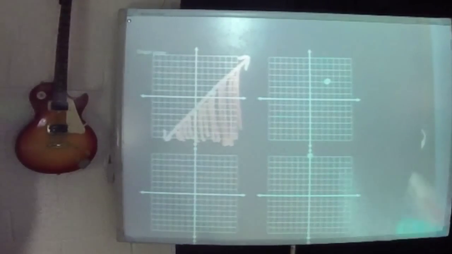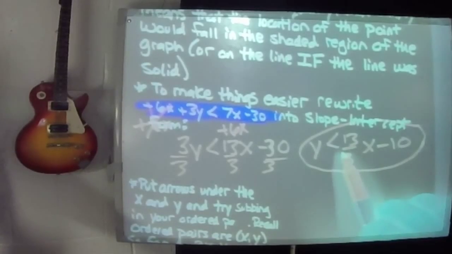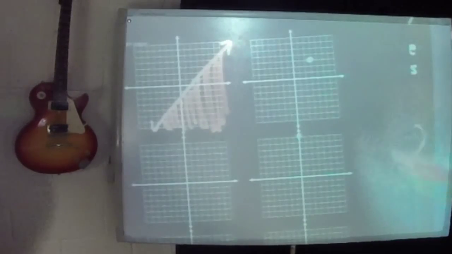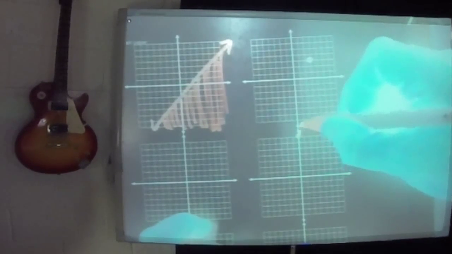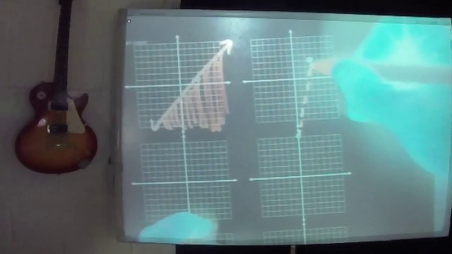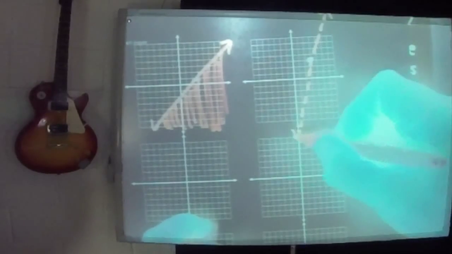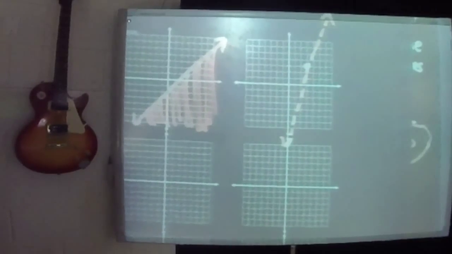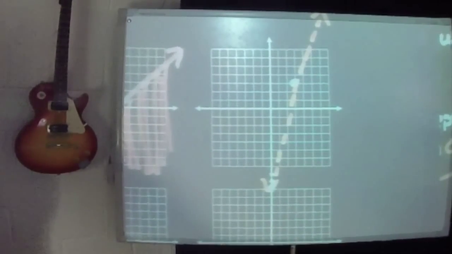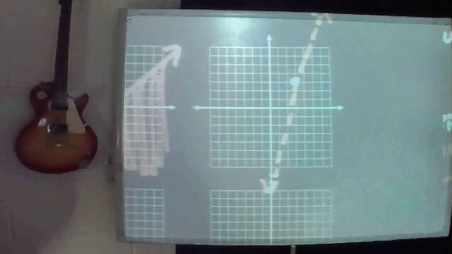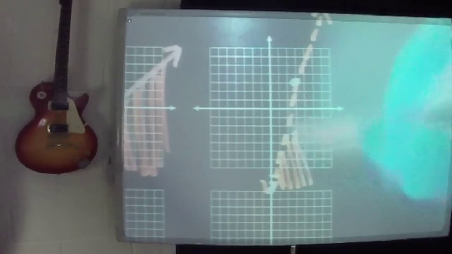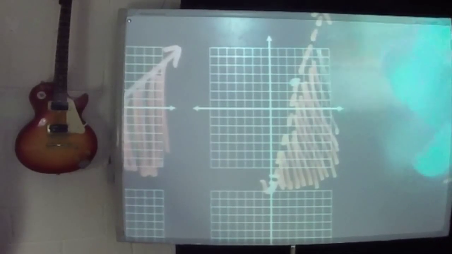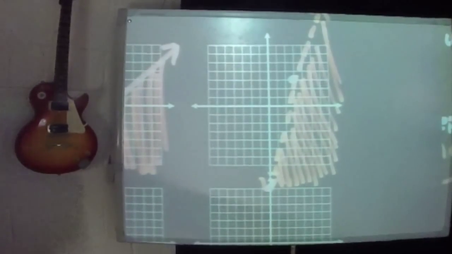Up 13/3. Would this get a solid or dotted line? Dotted. And then, is it above or below that? Below. So my line looks like this. Right there.